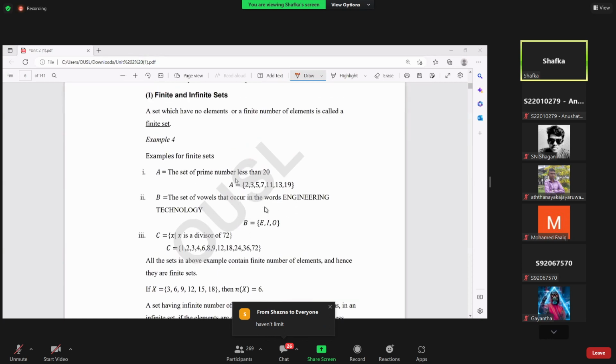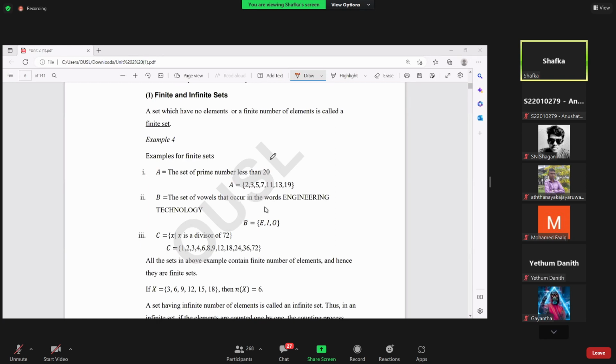There are some examples for this. A set of prime numbers less than 20 is a finite set. And if you are considering all prime numbers, what is that? An infinite set.